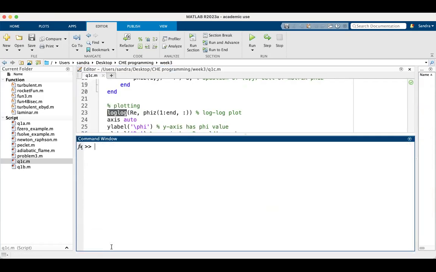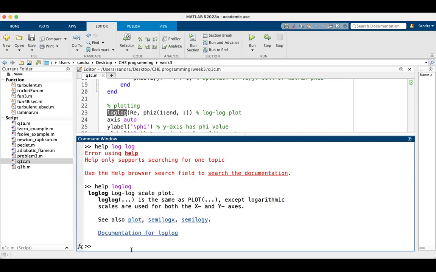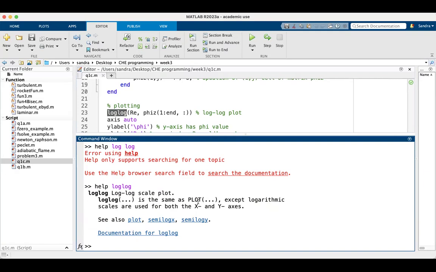It's the same as the plot function, except that in a loglog plot both the x and y axes will be in the logarithmic scale. In case you have doubts, you can ask me.